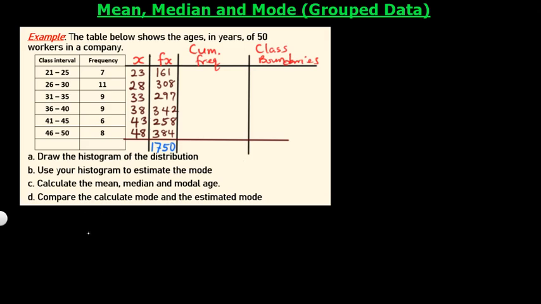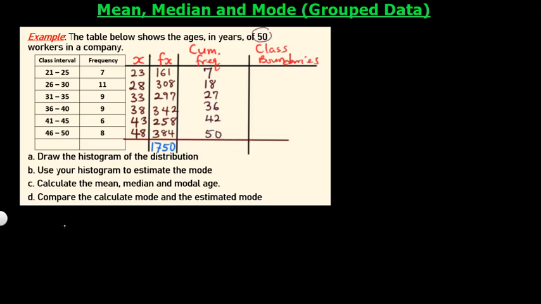Recall that the cumulative frequency is obtained by saying this is the first frequency, 7 plus 11, that's 18, 18 plus 9, that's 27, 27 plus 9, that's 36, 36 plus 6, that's 42, 42 plus 8, that's 50. So which meets up with this? We can use that to confirm that total frequency is 50.